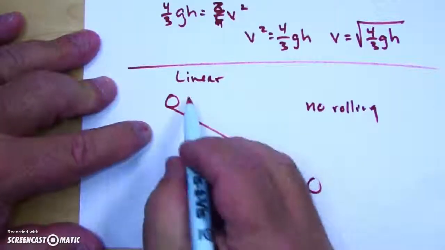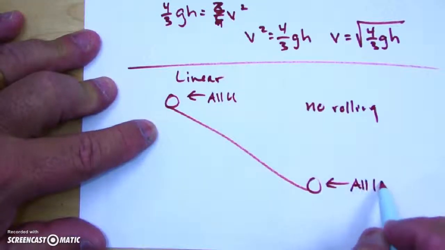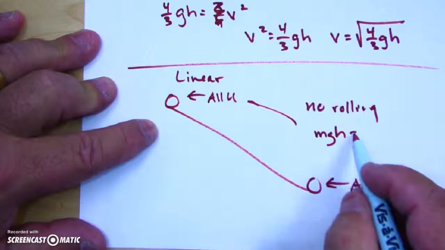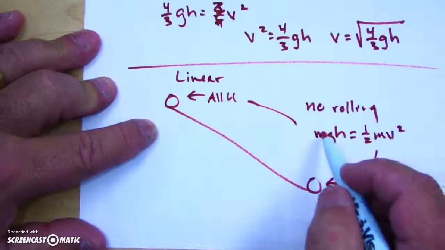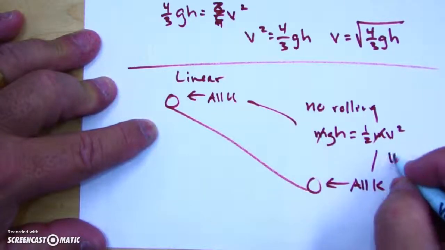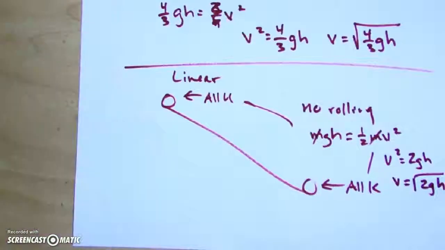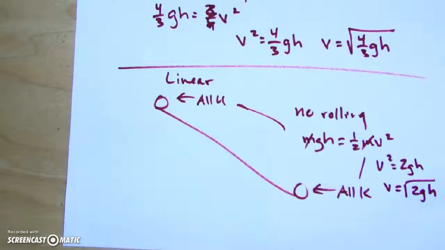Here I have all U. Here I have all K. mgh is equal to 1/2 mv squared. And I get v squared is equal to 2gh. So v is the square root of 2gh. Notice how they're slightly different numbers if we're talking about an object rolling, because now I have an additional energy. Okay, that's enough for now. We'll play with this more in class.